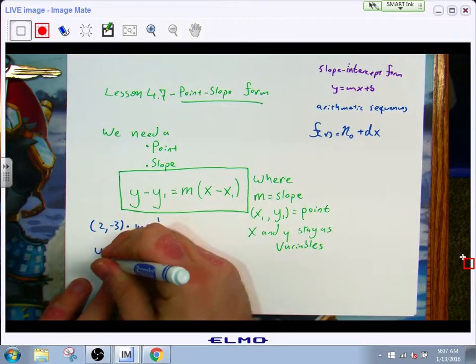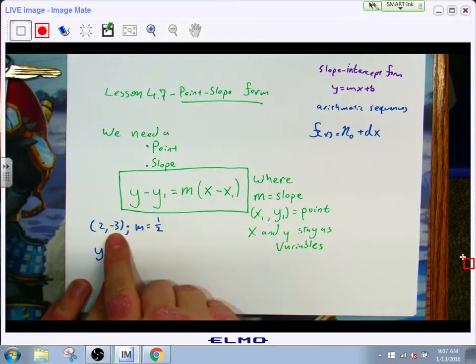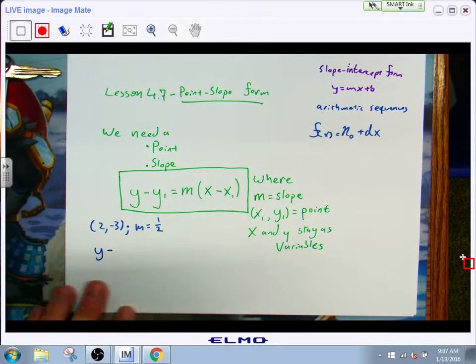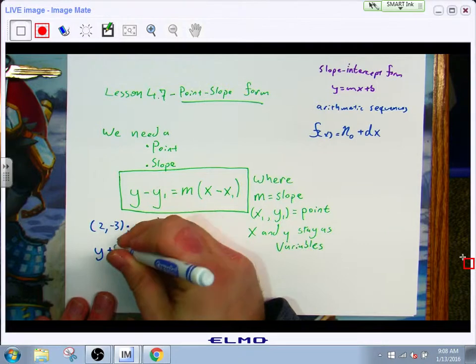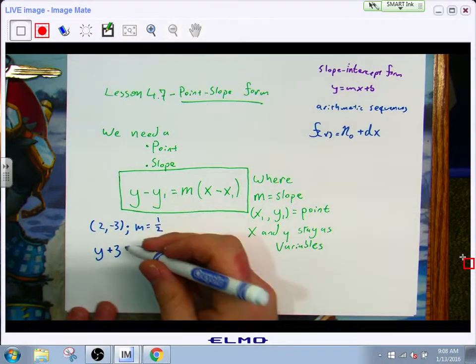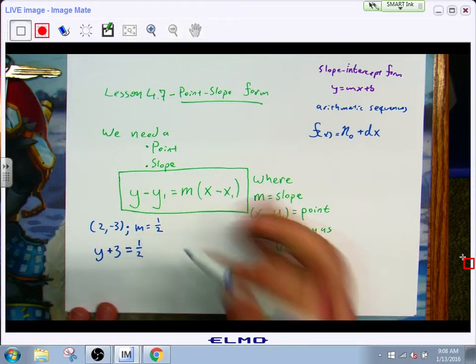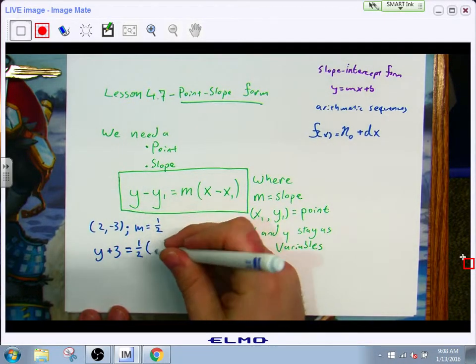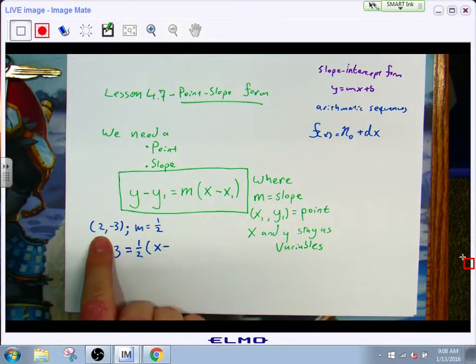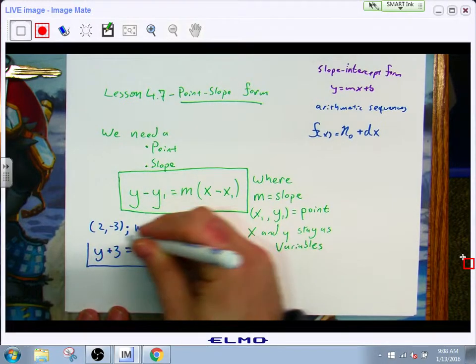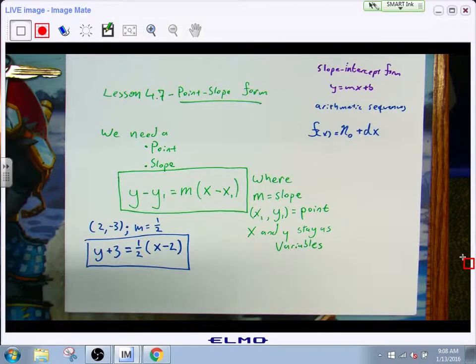You would say y minus y1. The y value of my point is negative 3, so I'm going to subtract a negative 3. That's the same as adding, so I'll say plus 3, equals my m, which is 1/2, times the quantity x minus x1. The x of my point is 2, so it's going to be x minus 2. And that would be it. That would be that equation in point slope form.